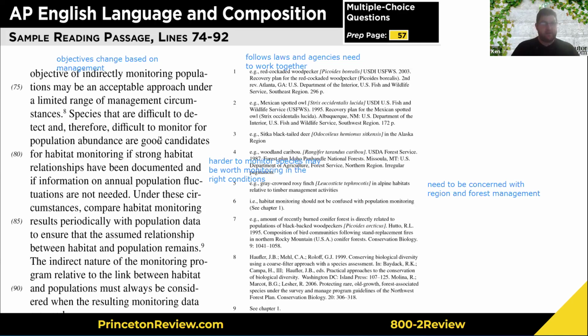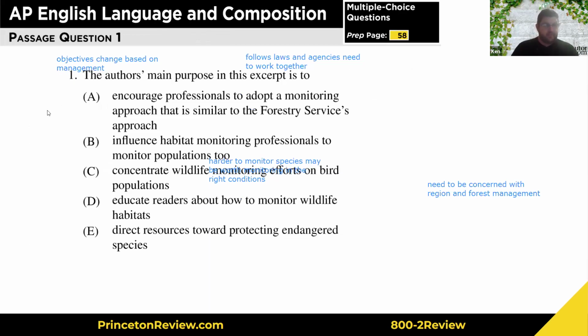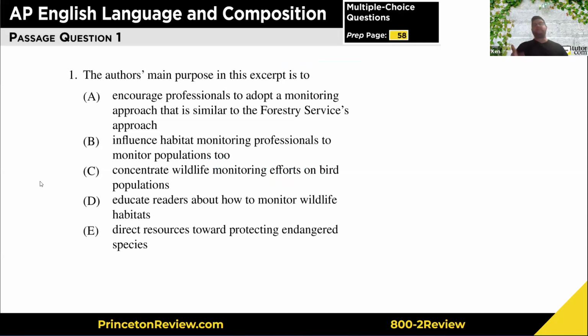Why does that matter? Let me skip ahead and clear this markup. Look at the question. The author's main purpose in this excerpt is to, well, what is the author doing? The author is going through a bunch of monitoring criteria.